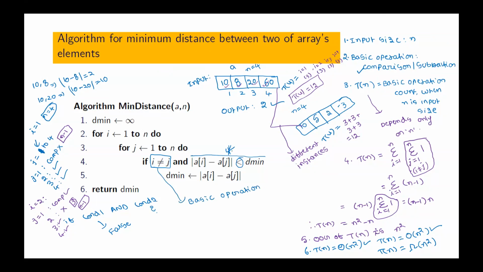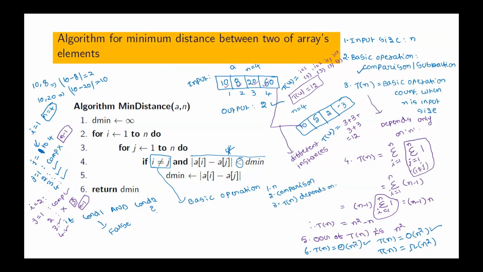If the basic operation is this instead, is there any change in input size? No. The basic operation is still a comparison, but a different comparison. T of n, the number of times the comparison I not equal j is performed, depends only on input size or on actual values in the input also? No, it depends on instance size only.